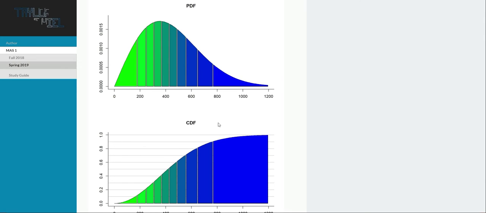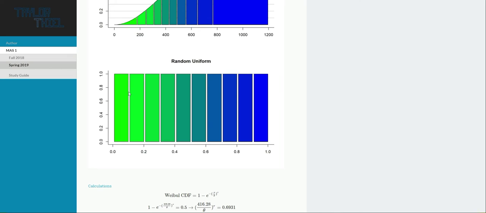For the inversion method, because the CDF is bounded between 0 and 1, and there's only one y value that corresponds to each x value, this is a method we can invert, as opposed to the PDF. Also, it ranges from 0 to 1.